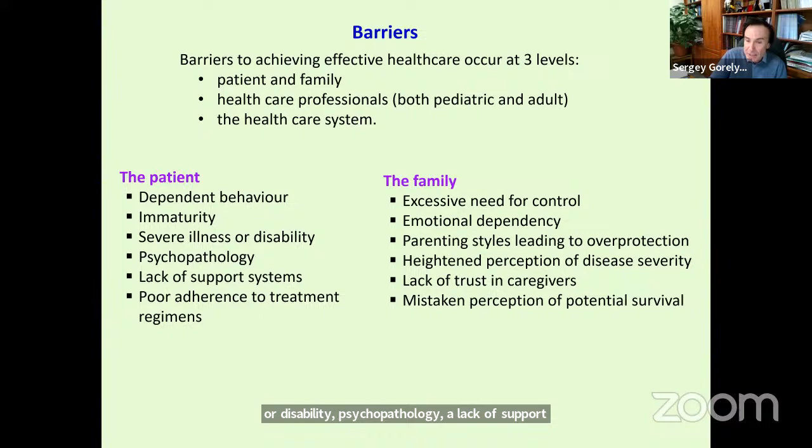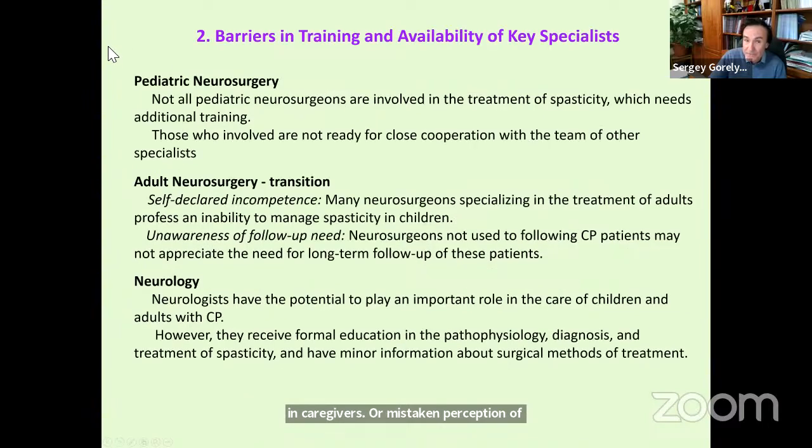On the side of the family, this may be an excessive need for control, emotional dependency, parenting styles leading to overprotection, heightened perception of disease severity, lack of trust in caregivers, or mistaken perception of potential survival.